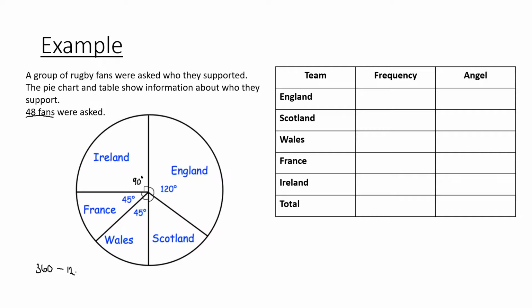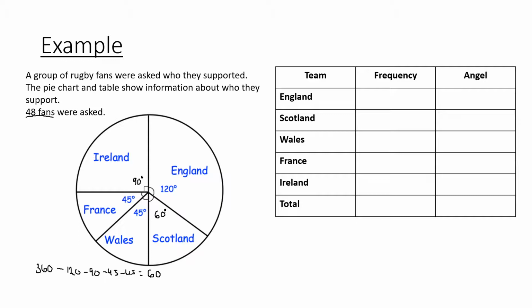So we have 120, we have 90, and then we have two lots of 45. So once we calculate this out on our calculator, we get 360 subtract 120, 90, 45, and then another lot 45, and we'll end up with an answer of 60. So we now know that Scotland is 60 degrees.